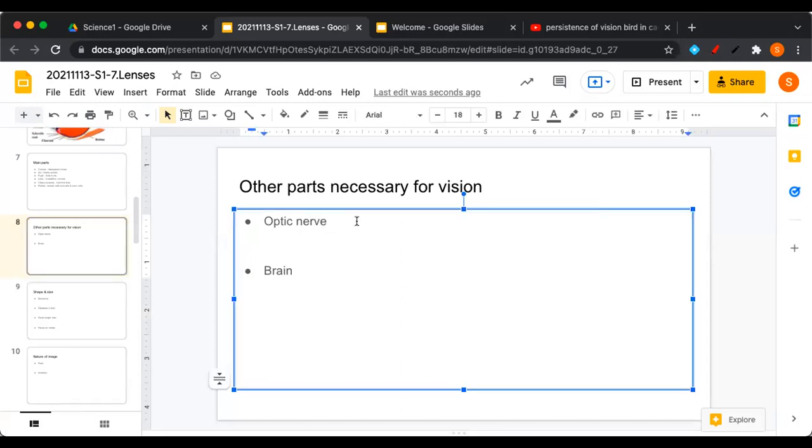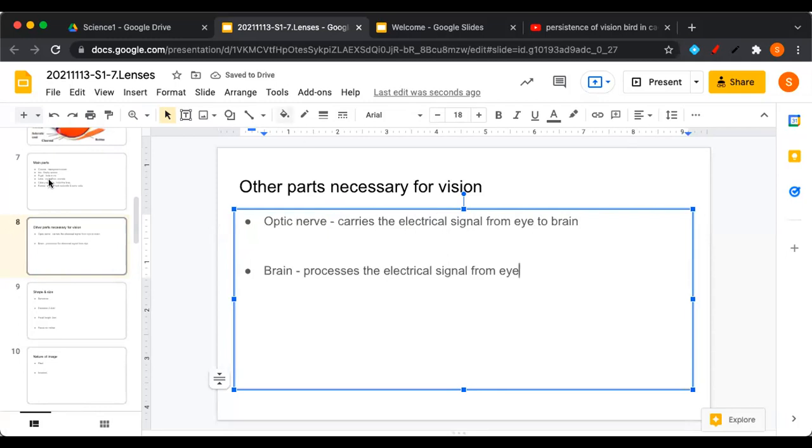The optic nerve carries the electrical signal from the retina, from the eye, to the brain. What does the brain do? The brain processes the electrical signal from the eye.